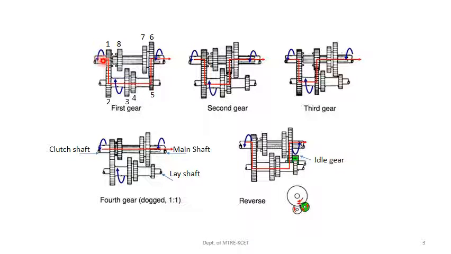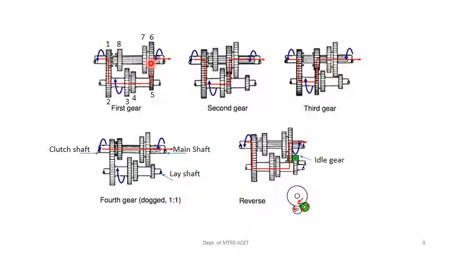So the engine power is transmitted through the clutch shaft, then first gear, then the lay shaft through the second gear, then directly through the fifth gear, because the fifth gear only meshes with the sixth gear of the main shaft. Gears 3 and 4 are not meshed with any gears of the main shaft.